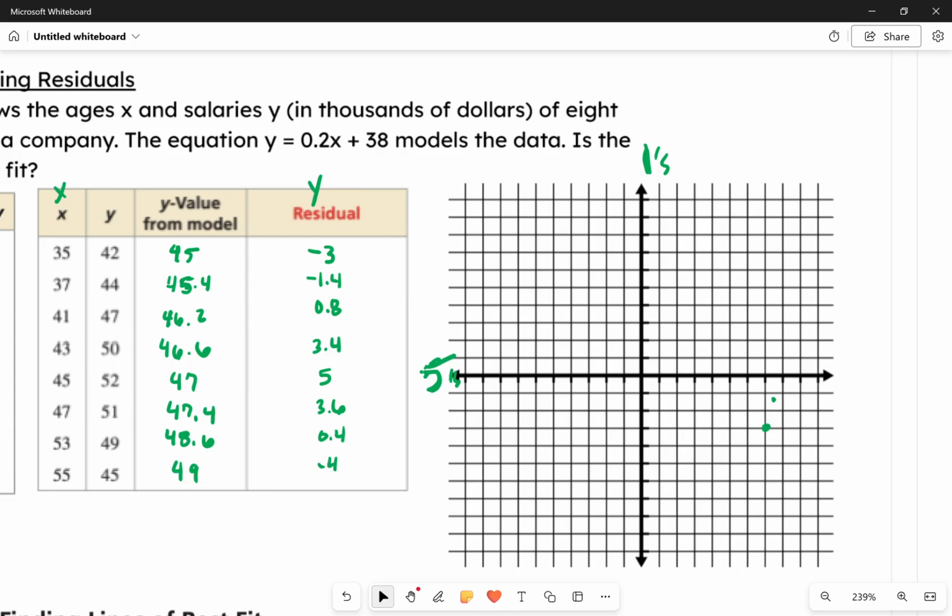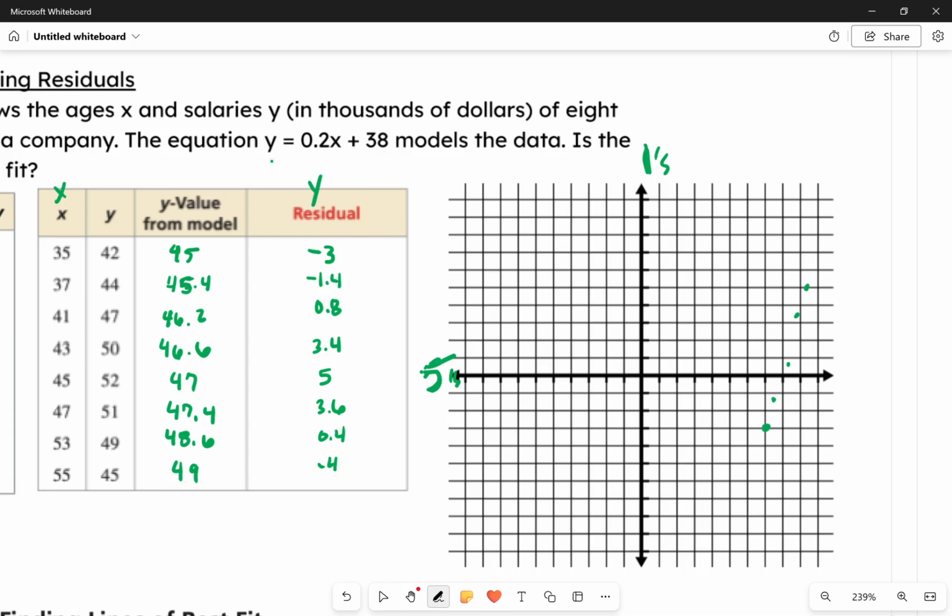The next one is 41, and we're going 0.8, so we're going positive, right about there. Then we're going 43, which is going to be on the other side of this box, and 3.4 is going to be roughly right in there. All right, what next? 47 and 5. So up 5.